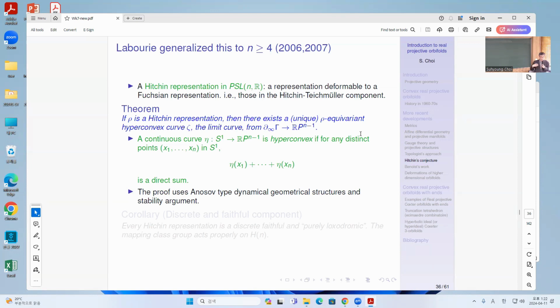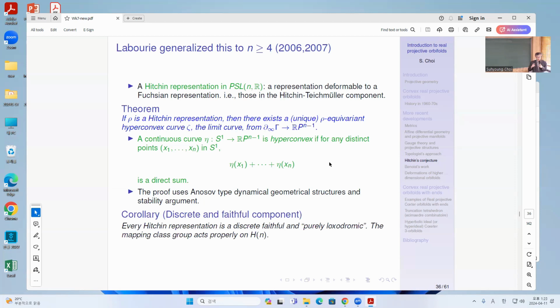And then as you deform, you can keep showing that there's some Anosov condition that will keep preserving these kind of circles. So now it may not be smooth, but it will be only continuous. So that's a sort of generalized version of convexity. Before it was preserving a convex curve, now it's preserving a hyperconvex curve.